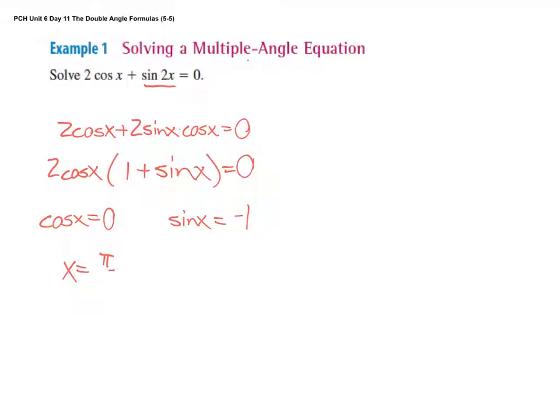Where does sine equal -1? At 3 pi over 2. Cosine's -1 at pi. So we actually already have that answer. That's kind of nice. So we've got that as our final answer, if we're going from 0 to 2 pi.